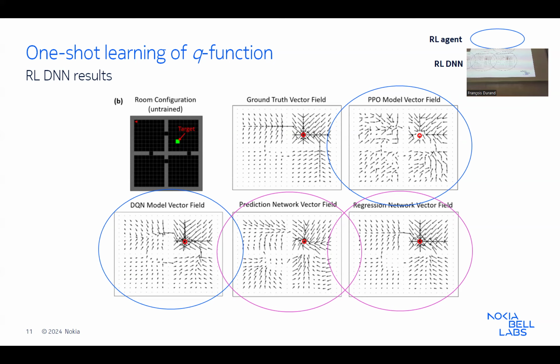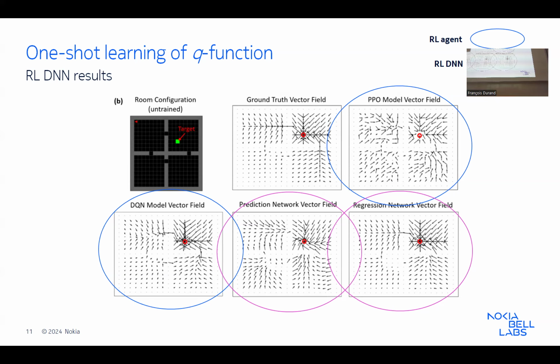But for the ones where we did the one-shot training, you can actually see that it's not actually working so well in that, for instance, here it's telling you to go up, where in fact the door is not there anymore.